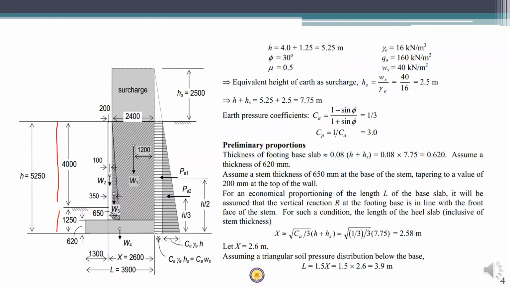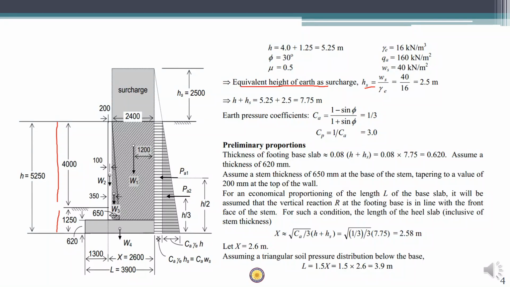In addition to backfill there is an additional surcharge. Surcharge is nothing but an additional pressure over the backfill. Whenever a surcharge is given, we have to convert that into an equivalent height of surcharge. This means that we convert the pressure into an equivalent soil mass having a height of Hs.